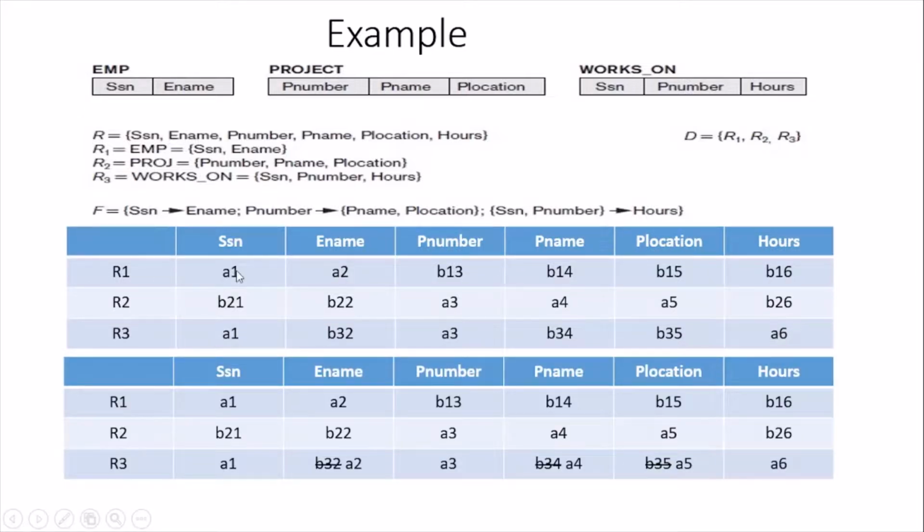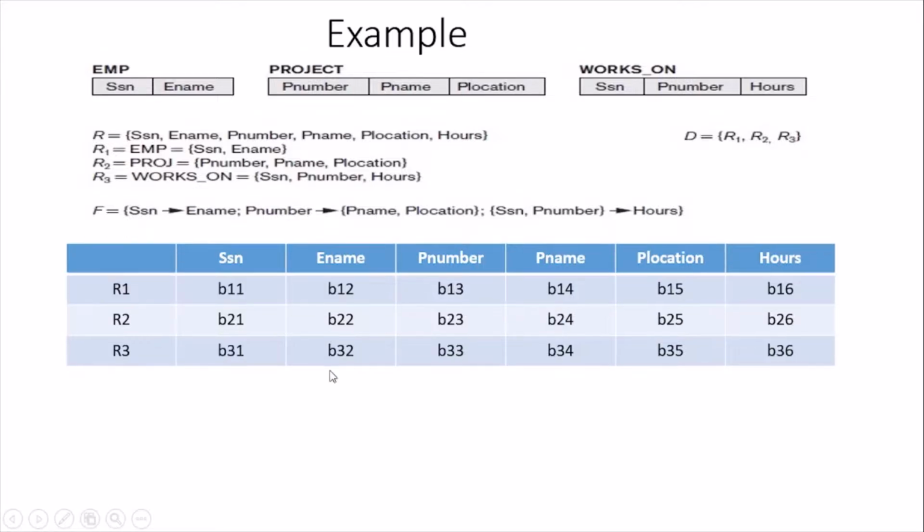Corresponding to SSN you have A1, corresponding to E name you have A2. For R2, P number, P name, P location, there A3, A4, A5. And works-on has SSN, P number, and Hours, A6. That is the third relation. So you have set all these values.